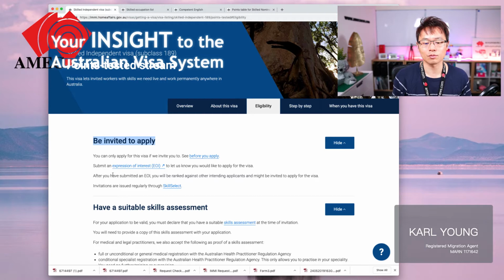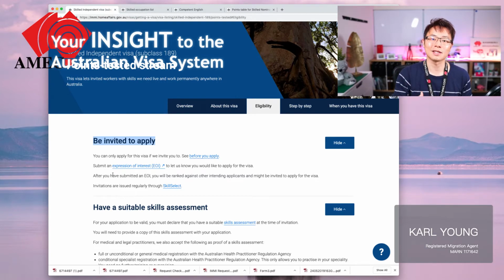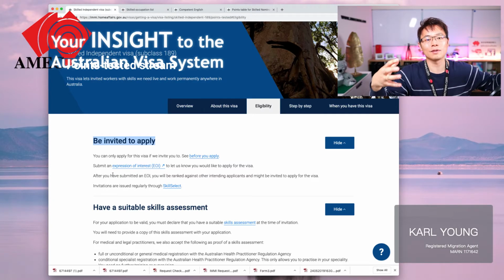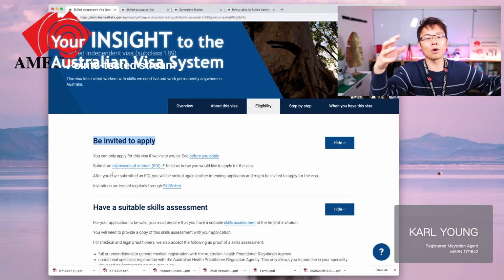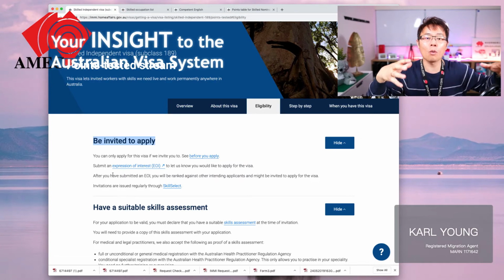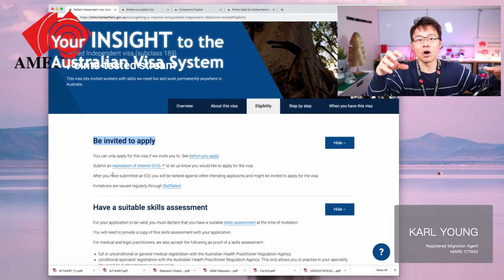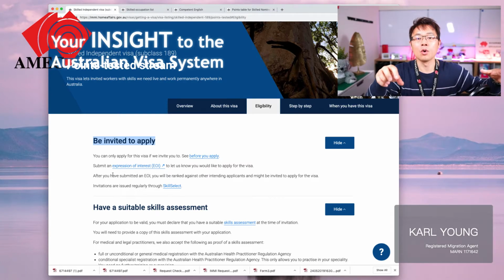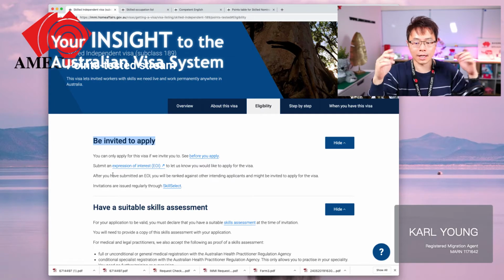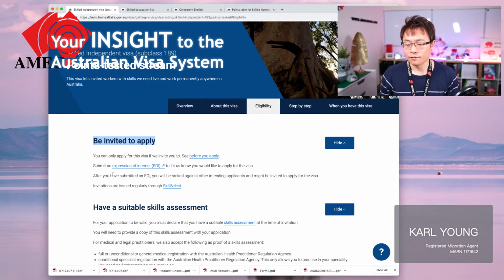You need to put your expression of interest, EOI, into the SkillSelect system, which is a common pool that collects all the EOIs from around the world, including Australia. They then compare your points with others in your occupation category. If you have higher points, you will be invited quicker. How do we get those points? We will go into the detail of points very soon.